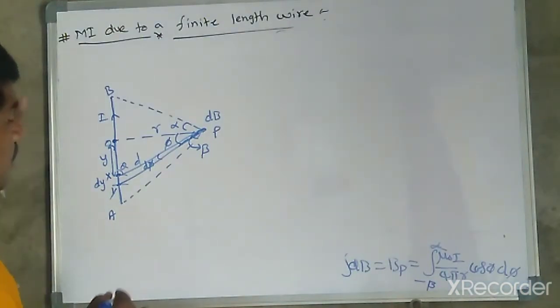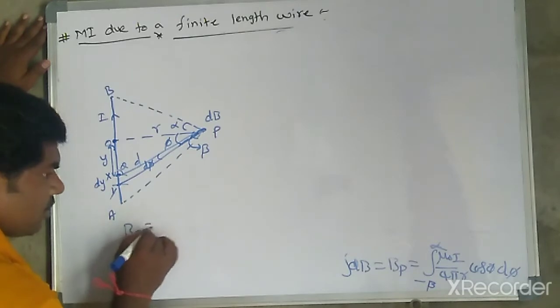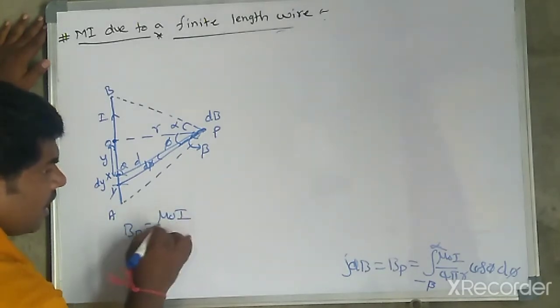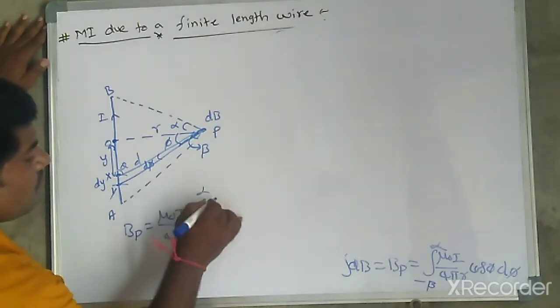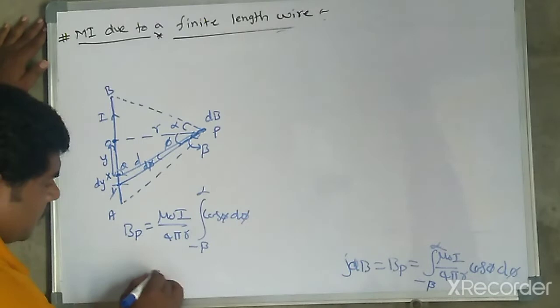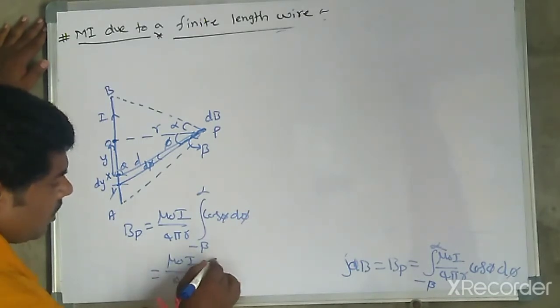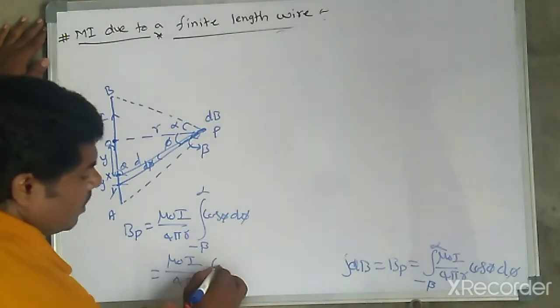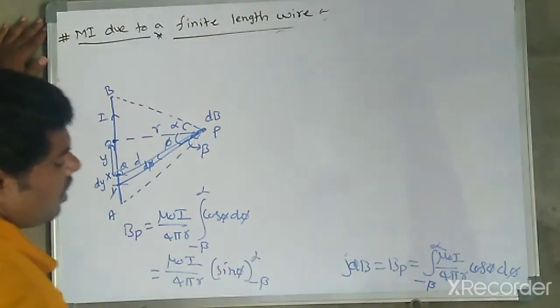So BP is equal to mu naught I divided by 4 pi r, integral from minus beta to alpha of cos phi d phi, which is equal to mu naught I divided by 4 pi r, sin phi from minus beta to alpha.